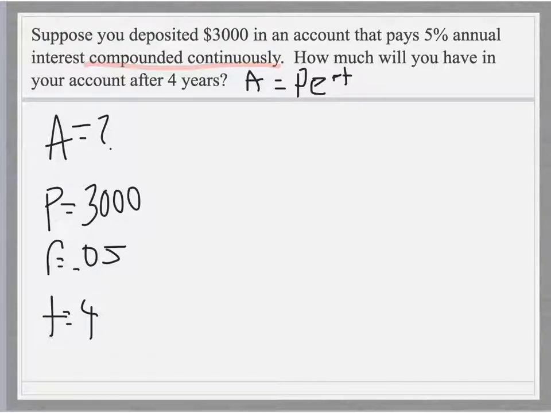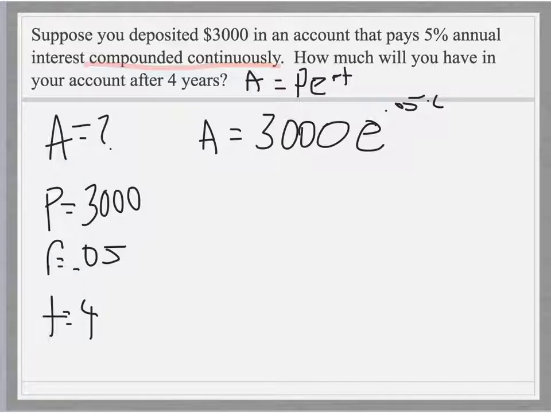Okay, let's go ahead and fill in those numbers and do our formula. So we have A equals 3,000, and then e to the R, which is 0.05, times T, which is 4. Okay. Now we can just plug this in exactly how we see it on our calculator.